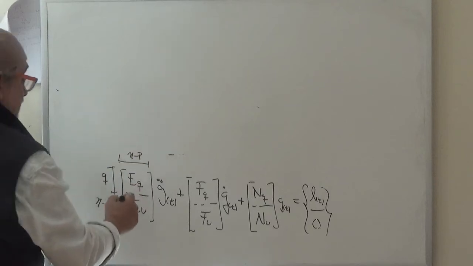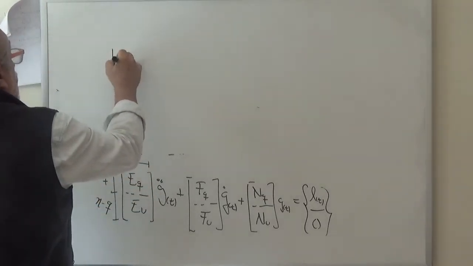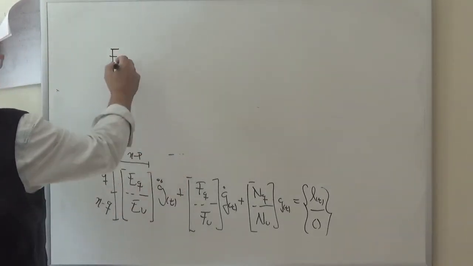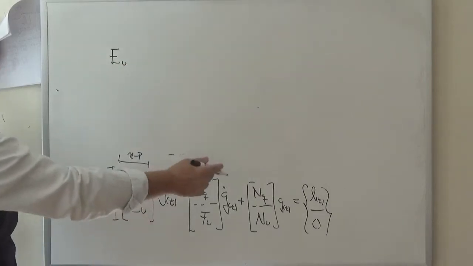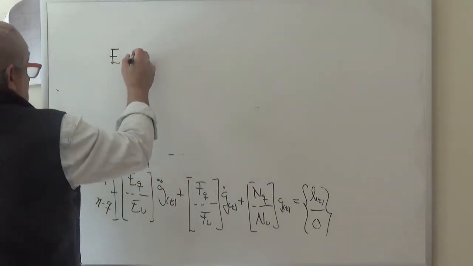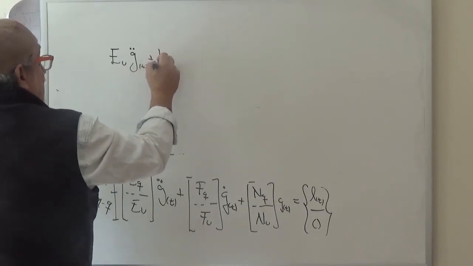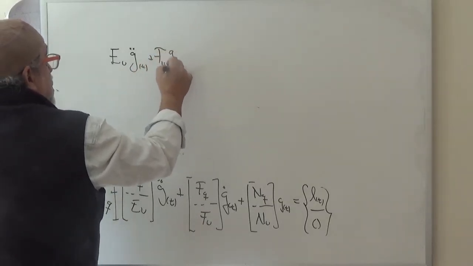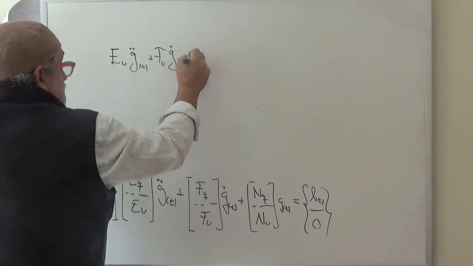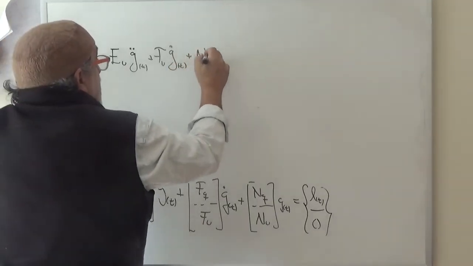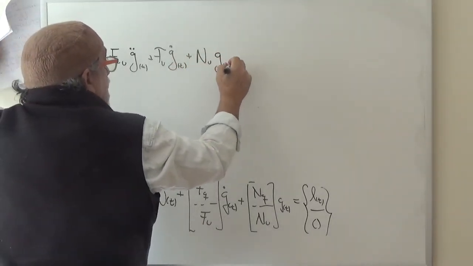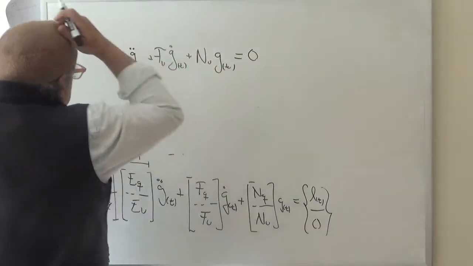Now if we look at the second partition, we see that for this equation to be possible, EU times G double dot T plus FU times G dot T plus NU times GT must be identically 0, right?